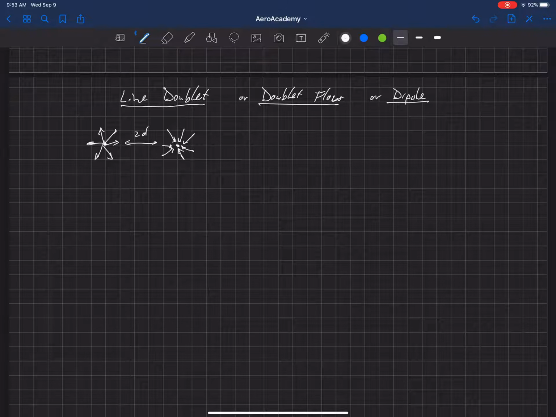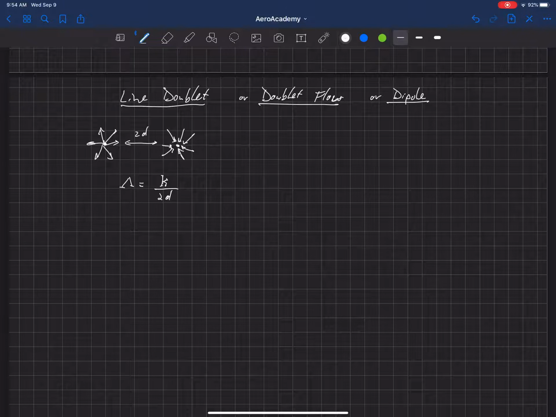Okay, and we're going to say that the strength of these is inversely proportional to the distance between them. So our proportionality factor is kappa over 2d. So as they get closer to each other, the strength goes down.